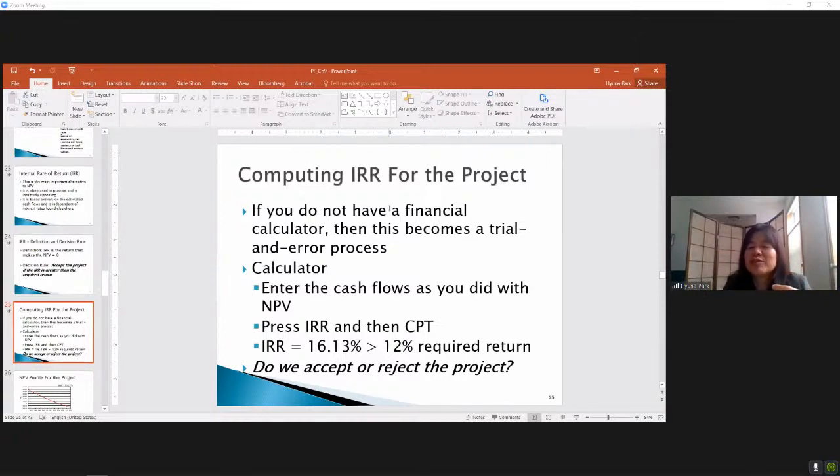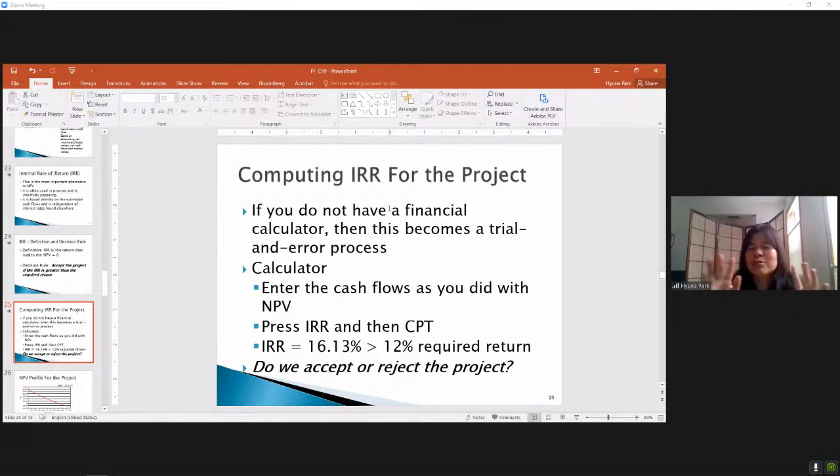I definitely don't recommend that. It's going to take too long. It's similar to the yield to maturity calculation you learned in chapter 7. To calculate the yield to maturity of a bond without a financial calculator or an Excel spreadsheet, you need to use trial and error, but don't do that.